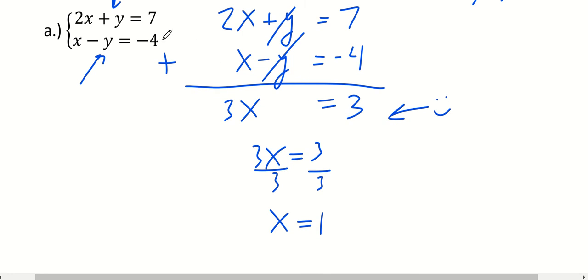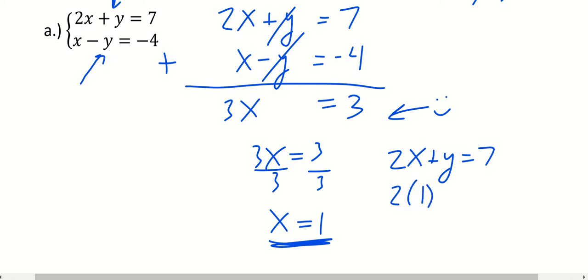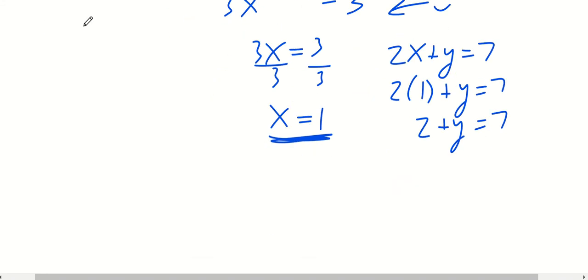The only thing that we don't have right now is the value of y. To find that, all you need to do is take x equals 1 and substitute it into any one of the original equations. Maybe I'll just plug it into the first one. It doesn't matter. You have some opportunity and choice here. If I take 2 times 1 plus y equals 7, this says that 2 plus y equals 7.